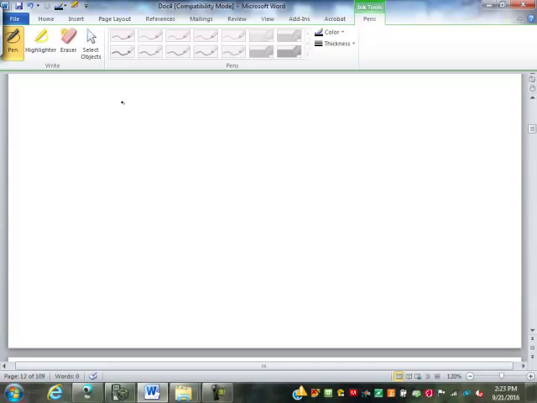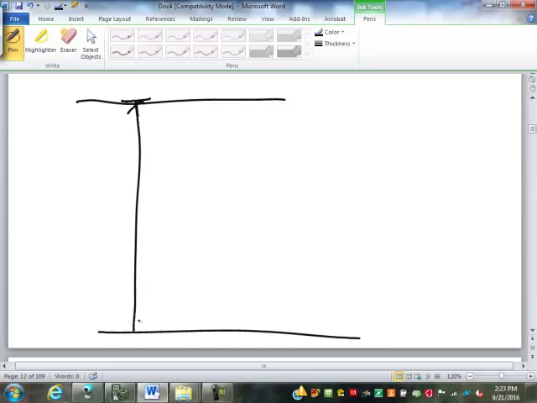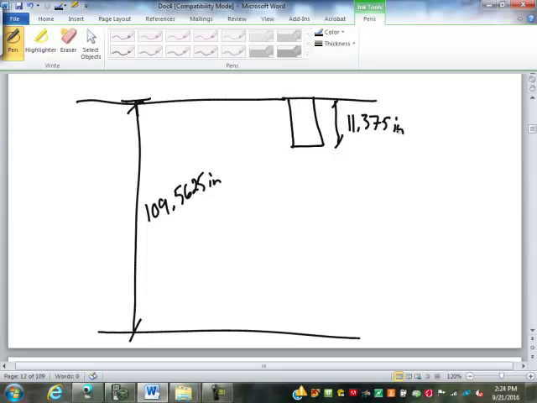we're going to take a look at a floor-to-ceiling dimension that is given as 109.5625 inches. And we have a beam that has a depth of 11.375 inches.